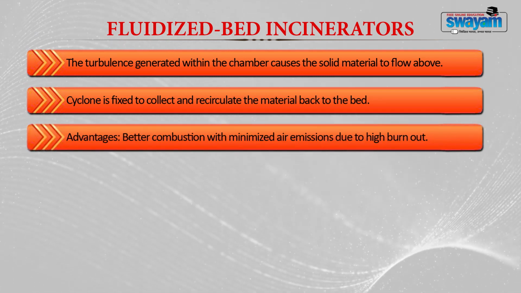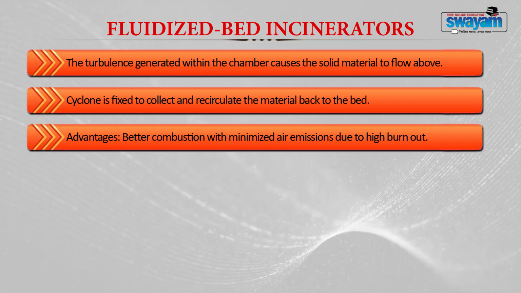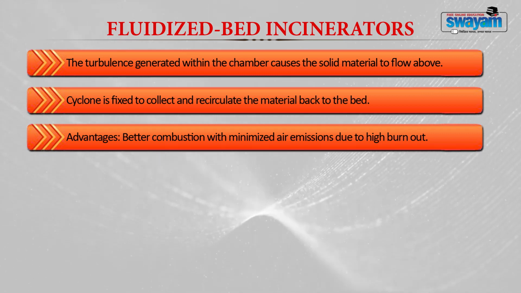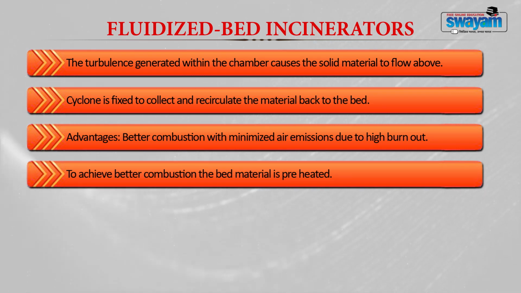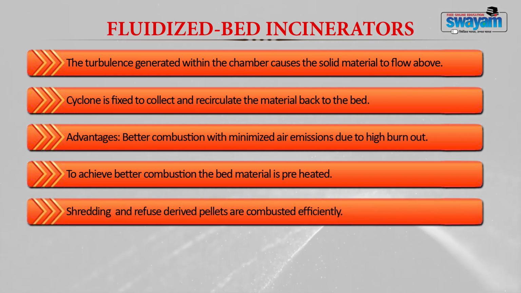Now, the advantages of this, if you see, it has better combustion with minimized air emissions due to high burnout. To achieve better combustion, the bed materials are generally preheated. You heat them before adding the waste material. Now, when you do certain pre-processing, like shredding, that increases the efficiency of the system.